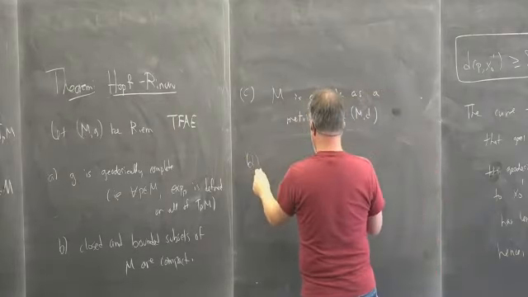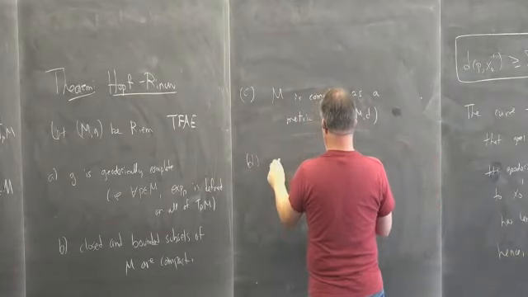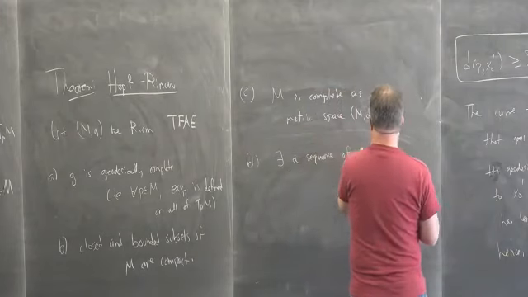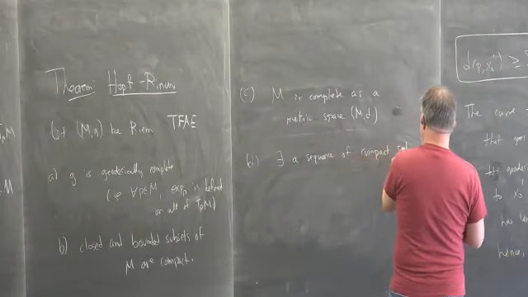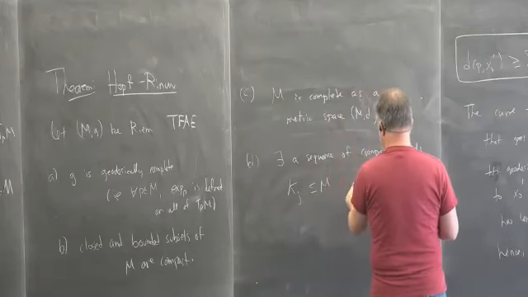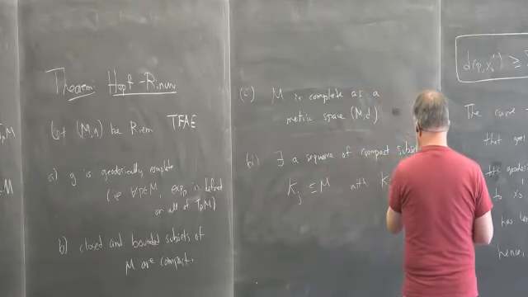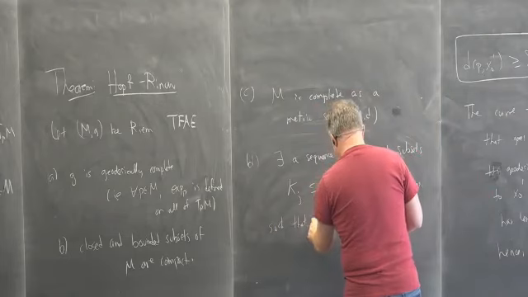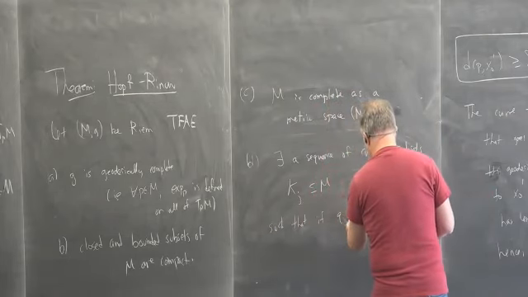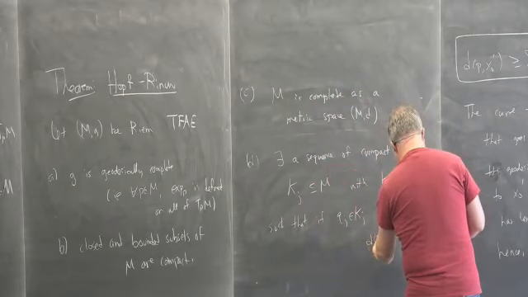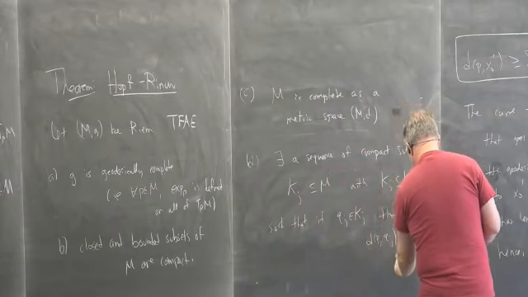And finally, D: there exists a sequence of compact subsets K_j in M which are increasing, K_j is contained in K_{j+1}, such that if q_j is not in K_j for all j, then the distance from p to q_j goes to infinity as j goes to infinity.